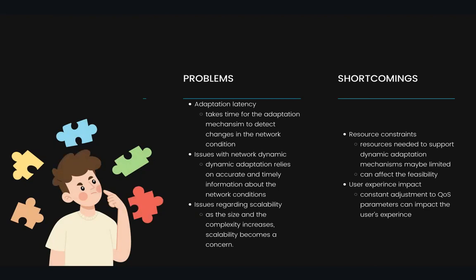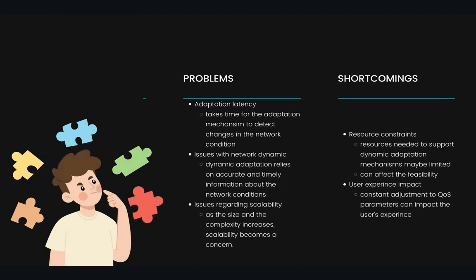Further, there are issues with network dynamics, as the dynamic adaptation relies on accurate and timely information about the network conditions. Further, issues regarding scalability. As the size and complexity of the networks increase, scalability definitely becomes a concern. A few of the shortcomings include resource constraints.